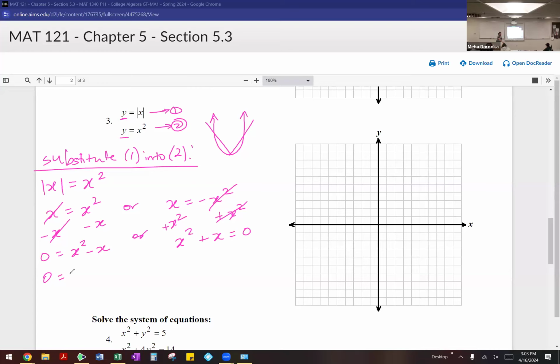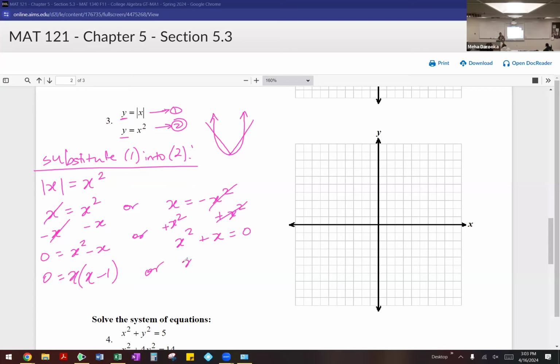What do we see common between the two terms? Yeah, x is common between the two terms, so go ahead and factor out x. So we can take one x outside as the greatest common factor, and you're left with x minus 1.